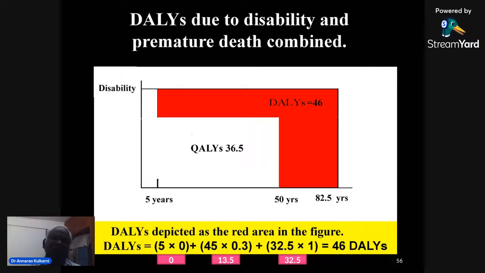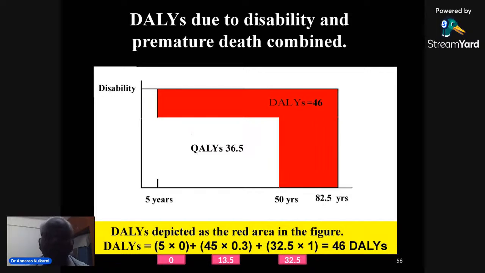So let's combine these two now. The same person, same country, 82.5 years of life expectancy, first 5 years perfect health, then at 5 years he develops a disability with a disability score of 0.3 and dies early at the age of 50 years. Now, the disability adjusted life years: the first 5 years he has perfect health, so 0.